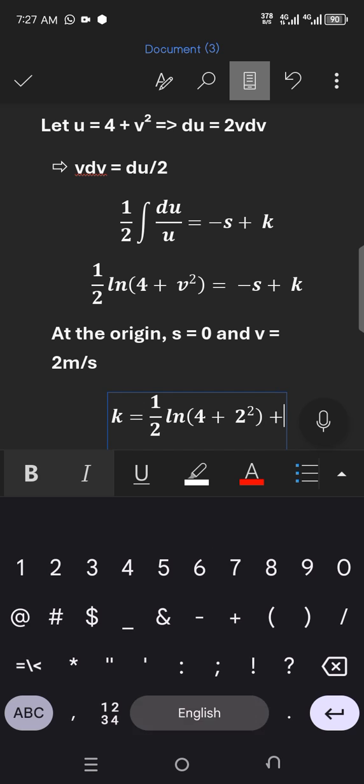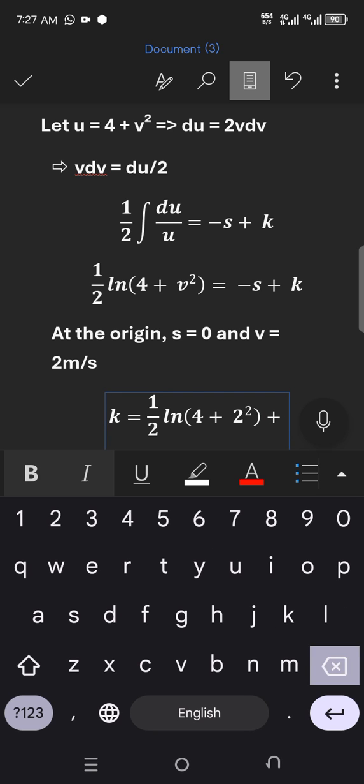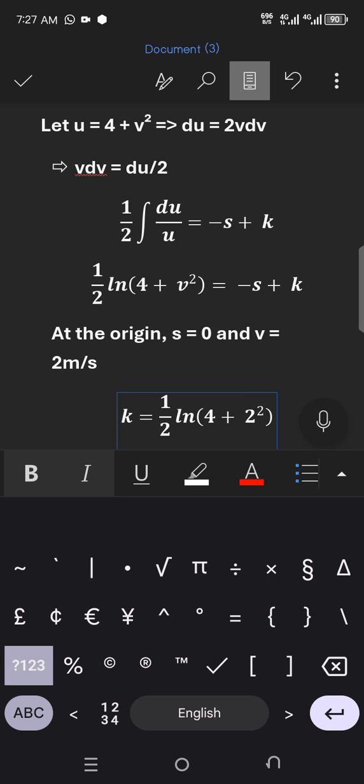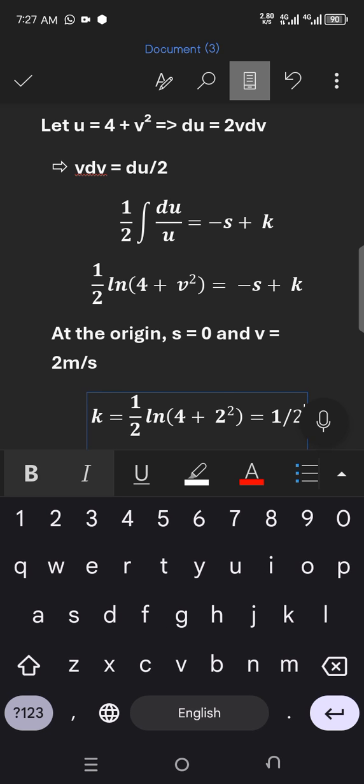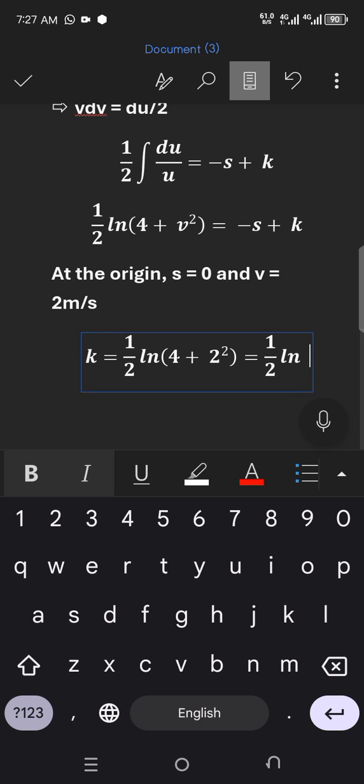Then I'm going to add s. My s is just 0, so it's equivalent to not even putting it. So 4 plus 2 squared is 8. So my k is equal to half the ln of 8. That is my k.